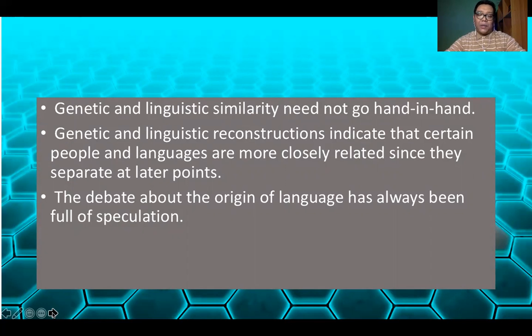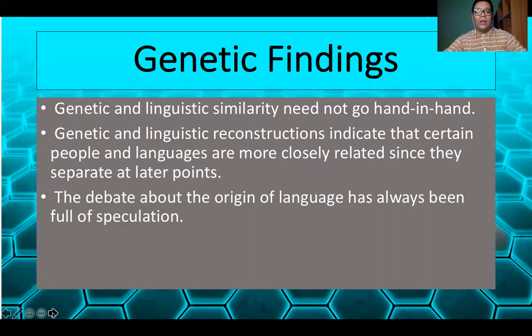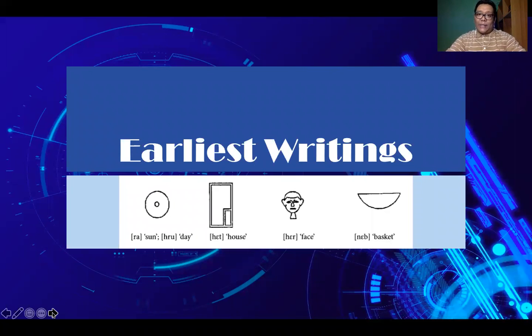Now, the debate about the origin of language has always been full of speculation. That is why we have a lot of theories about the origin of language. And yet, no one has ever proven how language originated and how it became widespread across the globe. All we know is that there are earliest forms of writing.